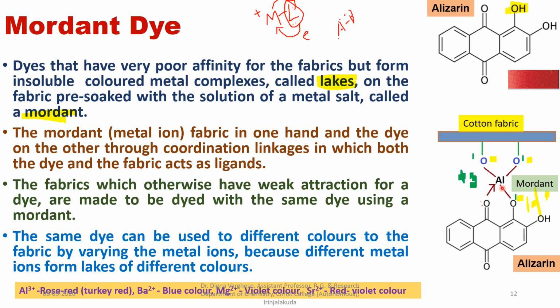So the same dye, alizarin, can be used to give different colors by changing the metal ion from aluminium to barium to magnesium to strontium, and so on. That will give different colors of lakes.